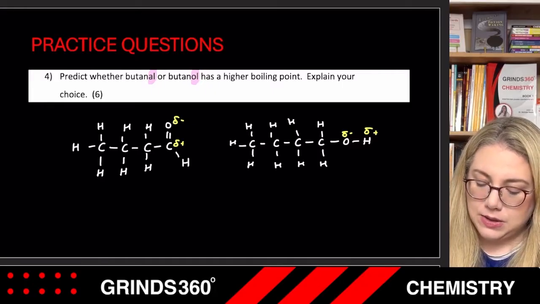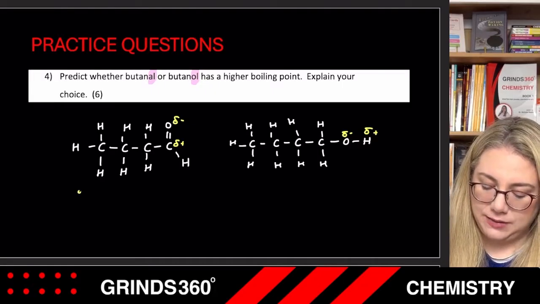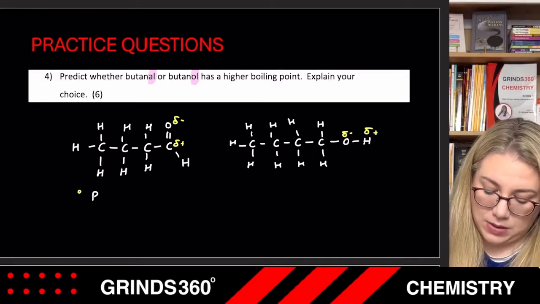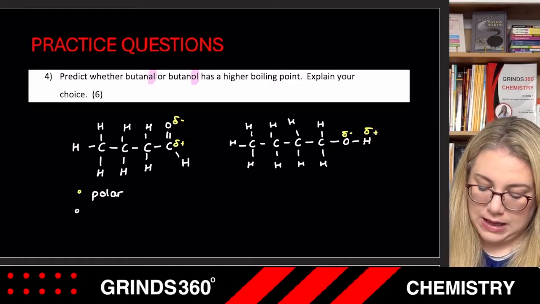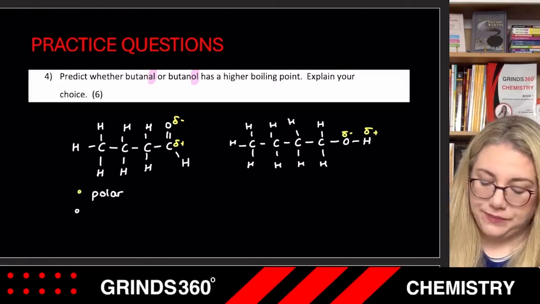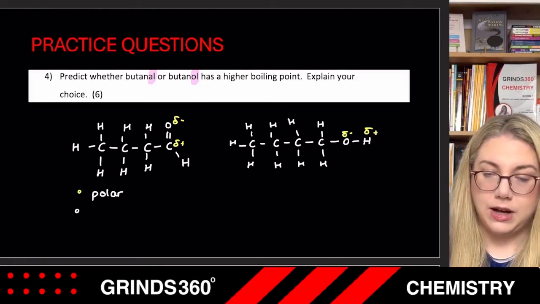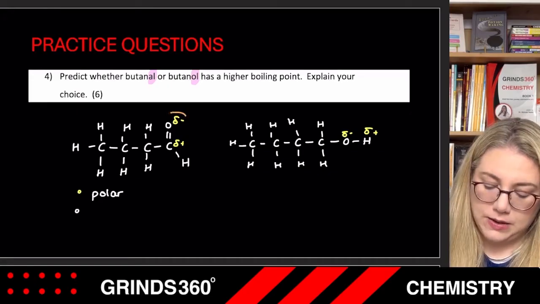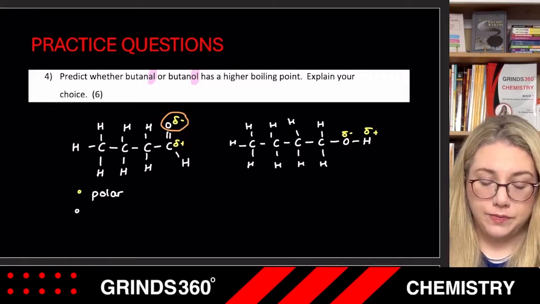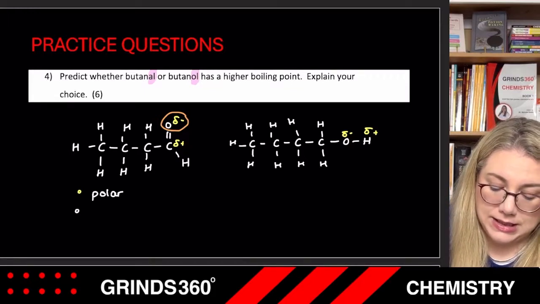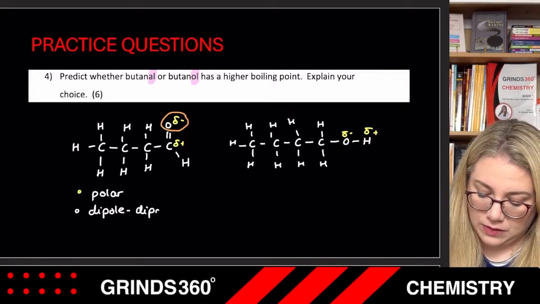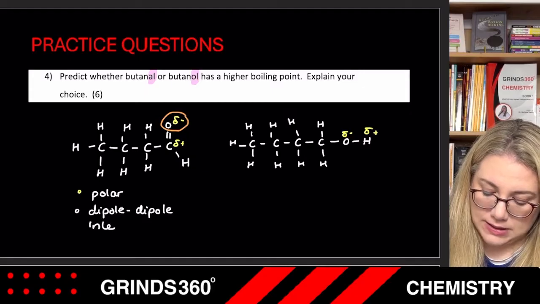Now, if I was to look at those two molecules, so butanal, is it polar, is it non-polar? It is polar. Now, 50-50, does it have dipole-dipole or hydrogen bonding? So you ask yourself, does it have oxygen, nitrogen, or fluorine? There's an oxygen. Is there a hydrogen attached to that oxygen? No. So it can't be hydrogen bonding, it's the other one. We have dipole-dipole intermolecular forces.